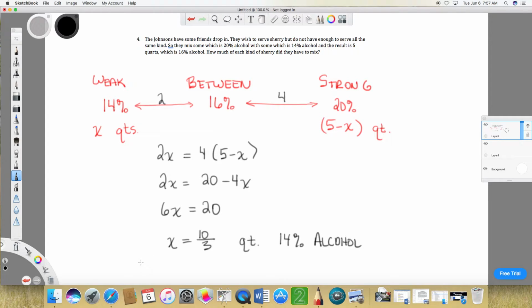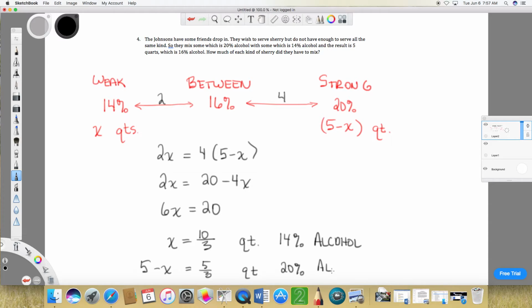And our 5 minus x, the other amount, I can rewrite 5 as 15 over 3, and 15 minus 10 is 5. 5/3 was our 20%.